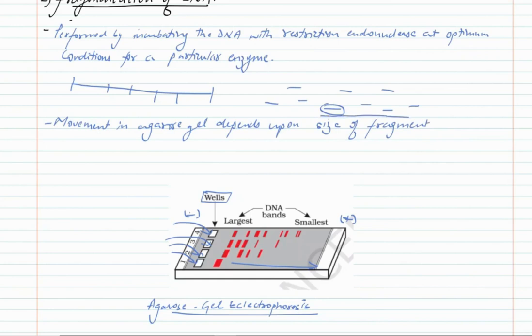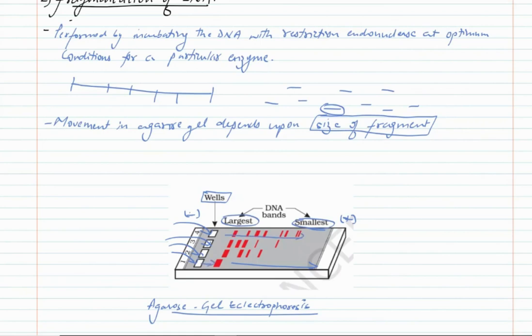The fragments will have nearly the same charges, but the movement in the agarose gel depends upon the size. So the smallest fragment will move the farthest and the largest fragment will move the least. The smallest fragment will cover the most distance, and the largest will cover the least distance.